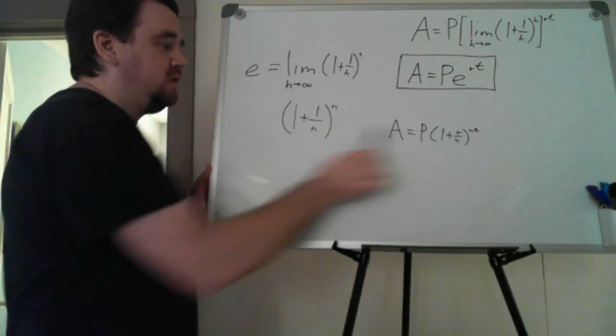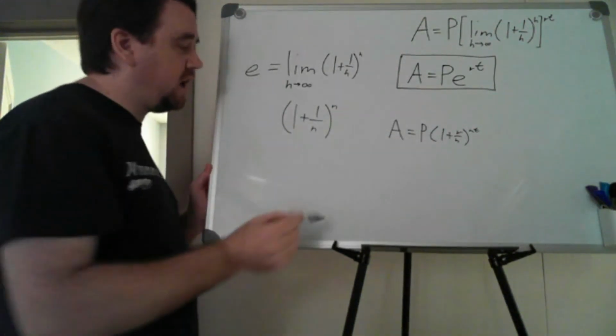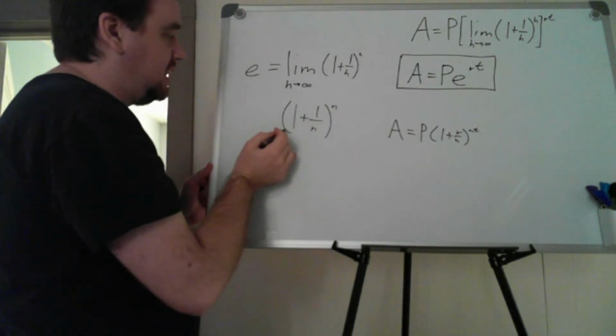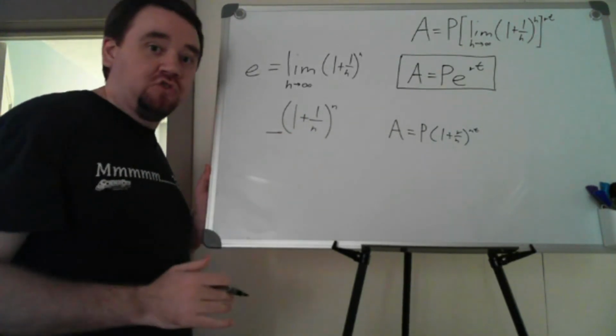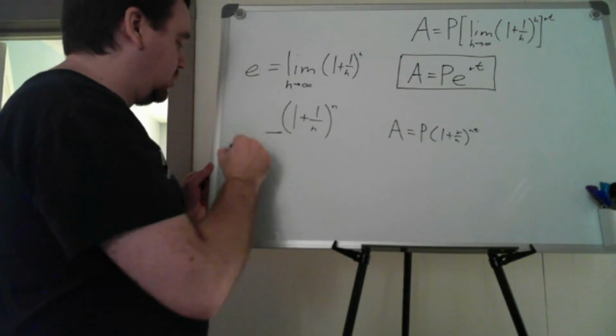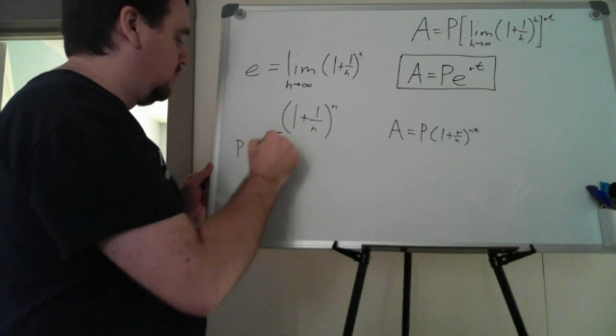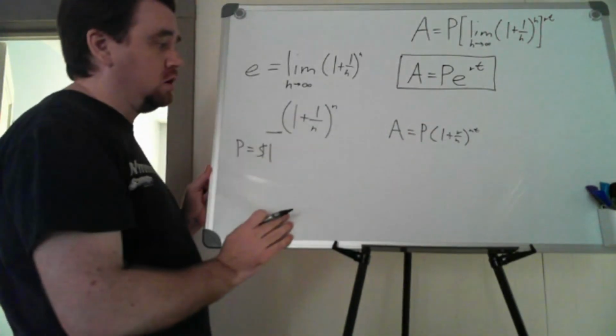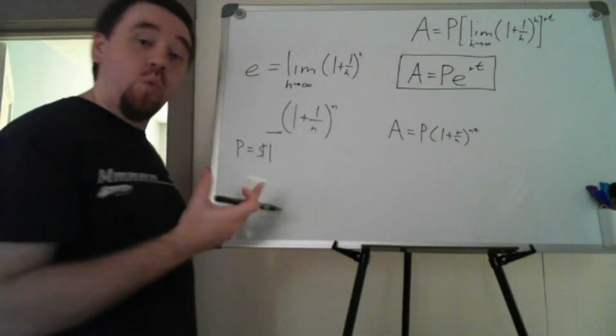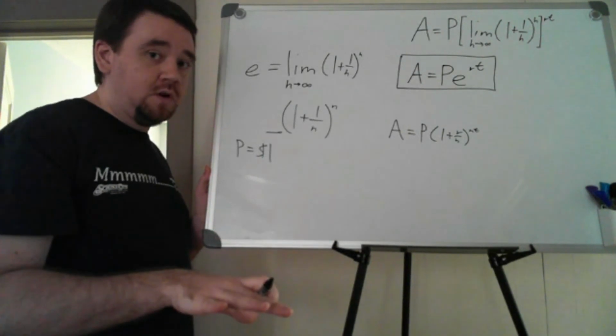And I want to compare that to this and say, okay, well, what would P be in this case? P would be the number I'm multiplying by right here. That's just a 1 if nothing's written there. So I'm saying P equals $1. Then I look in here and say, what's r? r is right here. Well, that's a 1. Now be careful, it's a percent.